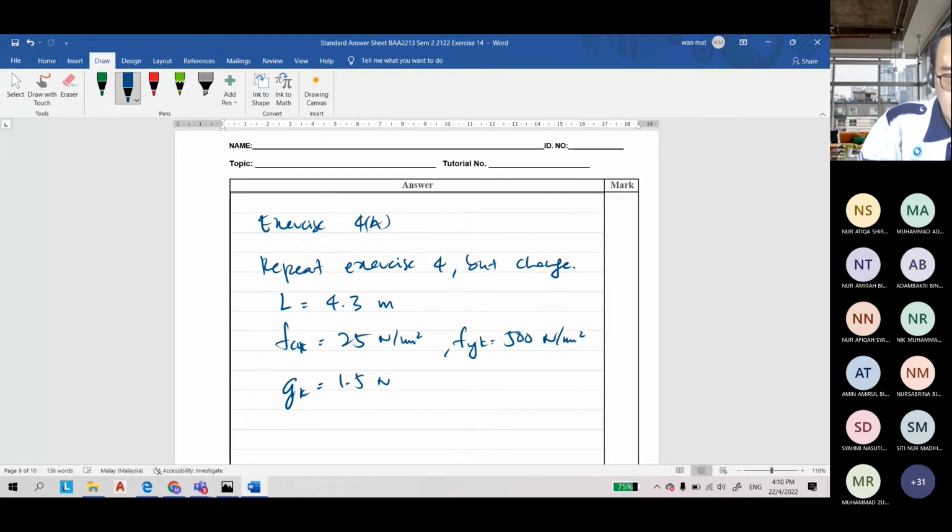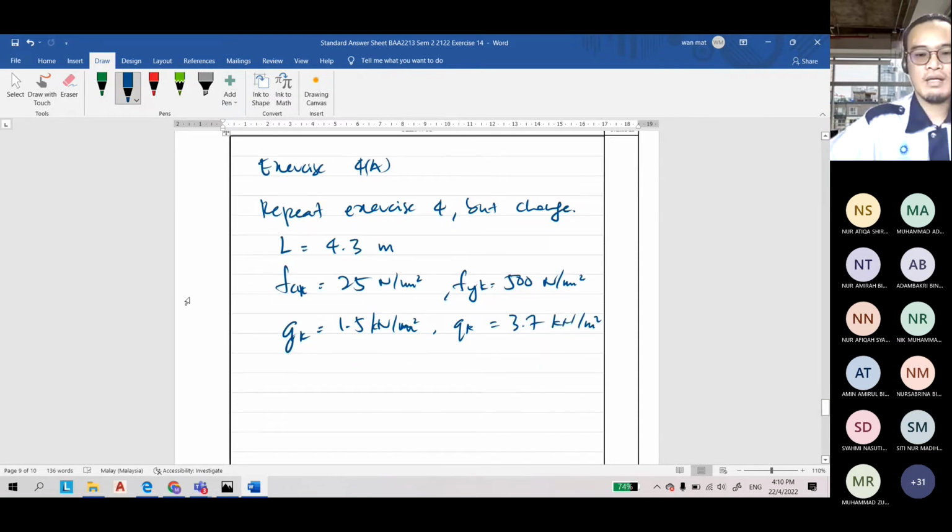Maintain Newton per millimeter square. But your QK, you can use 3.7, let's say, kilonewton per meter square. This is also kilonewton per meter square. And then you can use C nominal, try to use 25 mm.